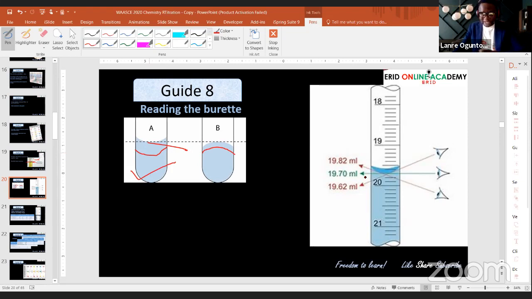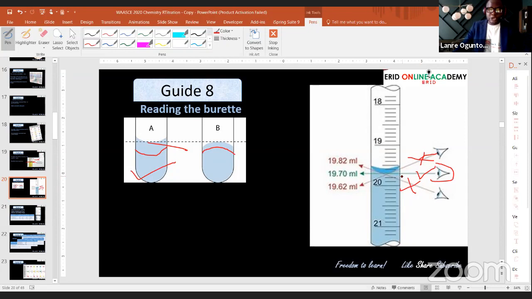For you to get an accurate result, your eye must be at the level of the liquid, parallel to your buret. If the buret is shorter than you and you look down at it, this is the reading you'll get, and it will be a wrong reading. This is accurate.